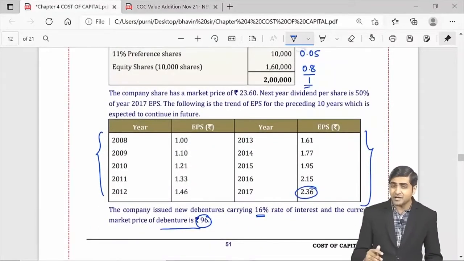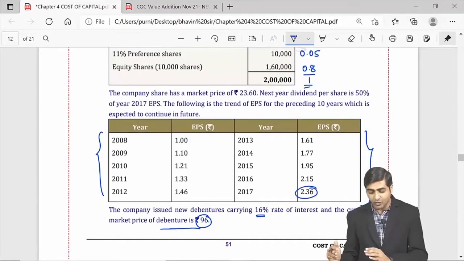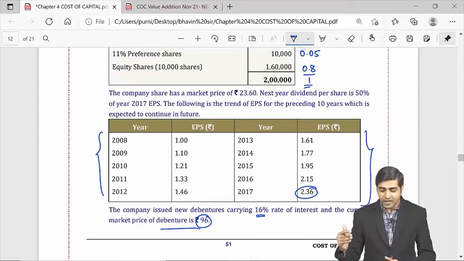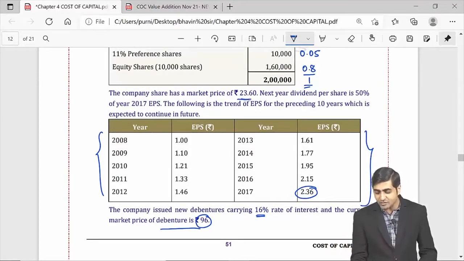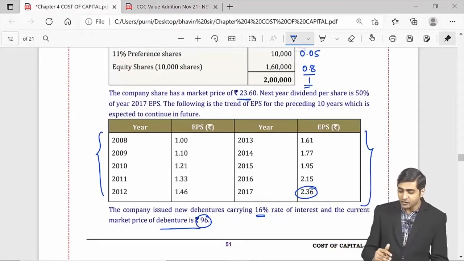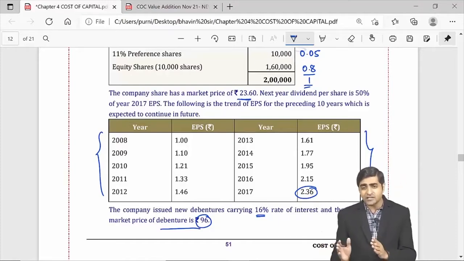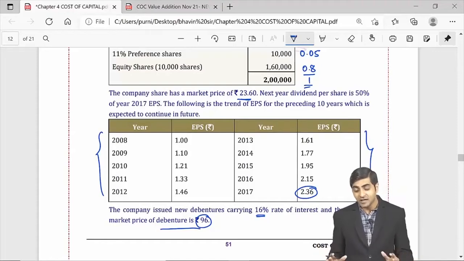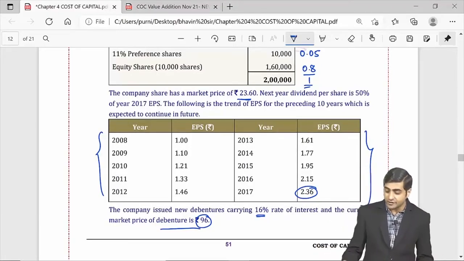So 2.36 multiplied by 50%, that will be 1.18, and that is your next year dividend. So that's already your D1. You will divide that by the market price, which will be 23.6, and you have to add the growth rate, and from the past year trends, you will realize that the growth rate is nothing but 10%. So that's how your KR or your KE will also be calculated.